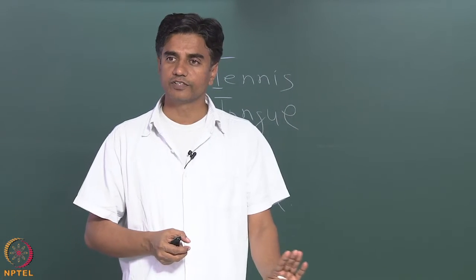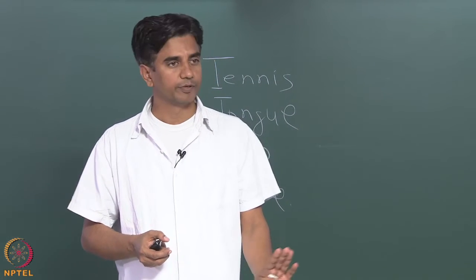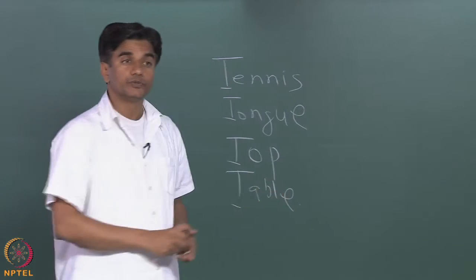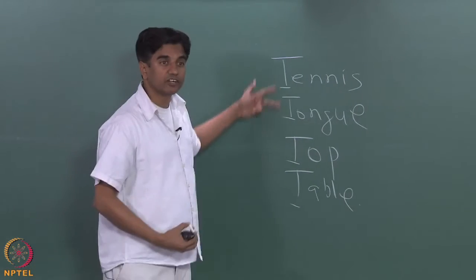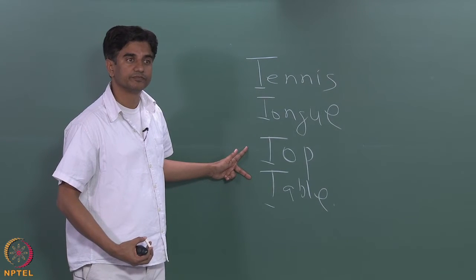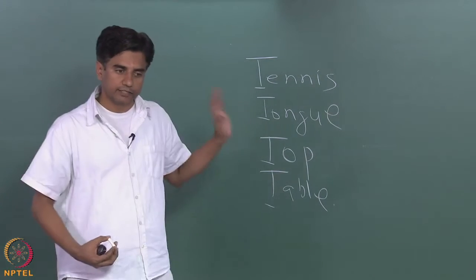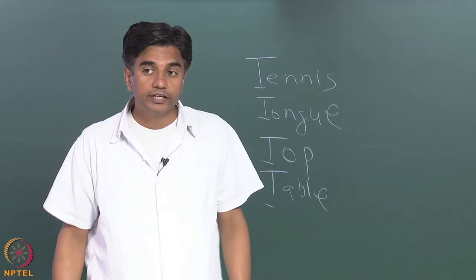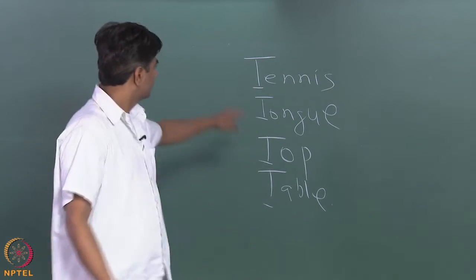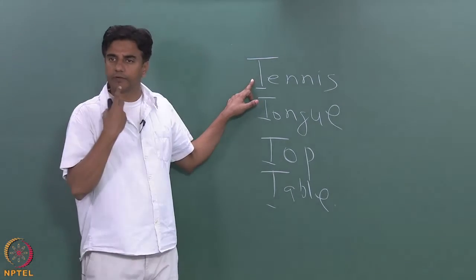Is this place of articulation thing clear to everybody? Do you understand now when I said these things are not retroflex sounds? Clear? I think. Sorry? Can you pronounce the 4 words? Yeah. So keep the tip of the tongue.